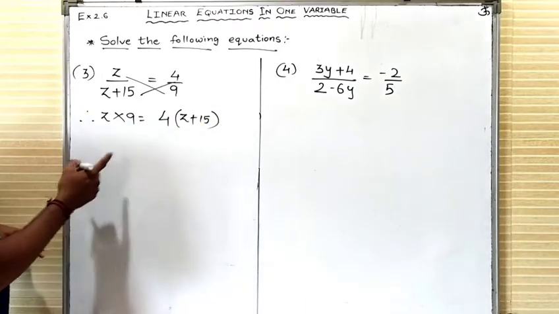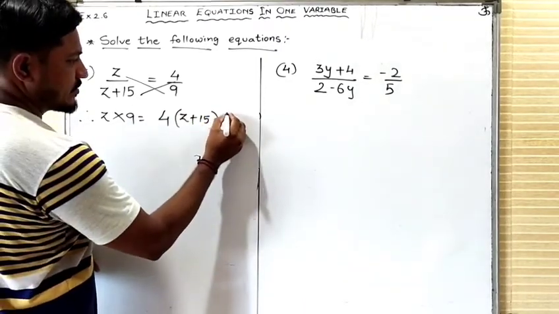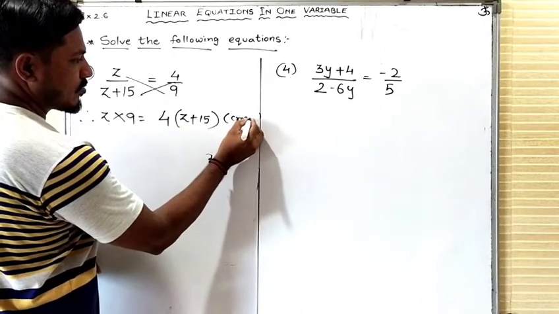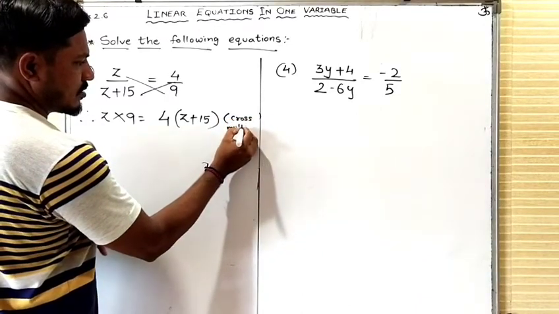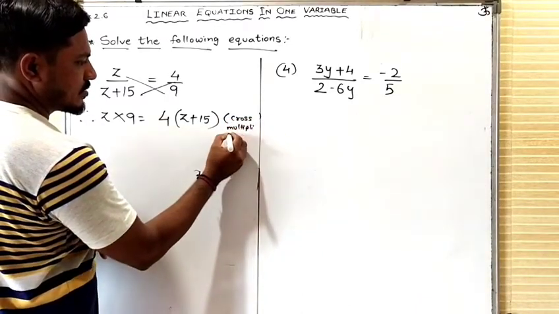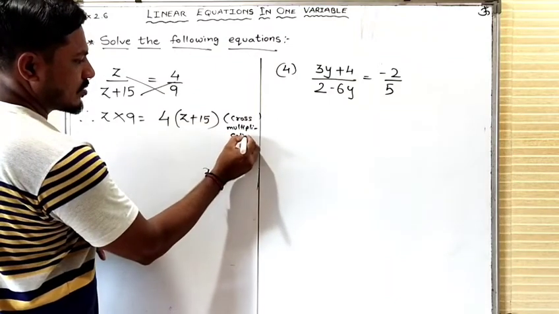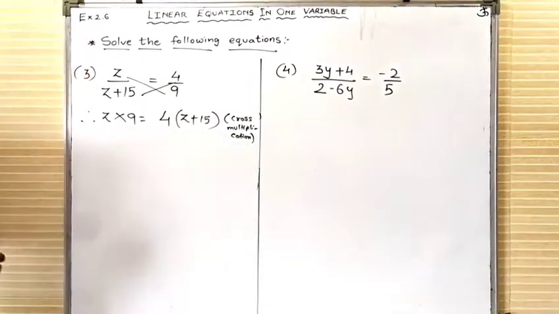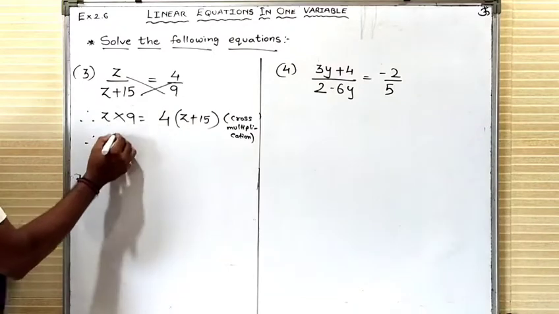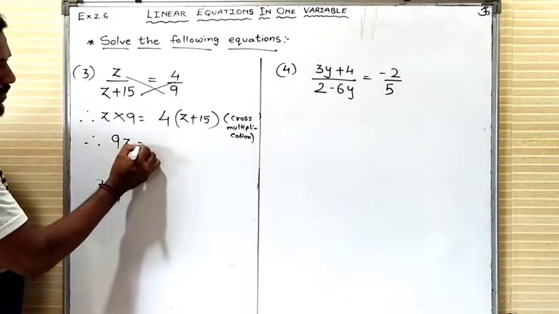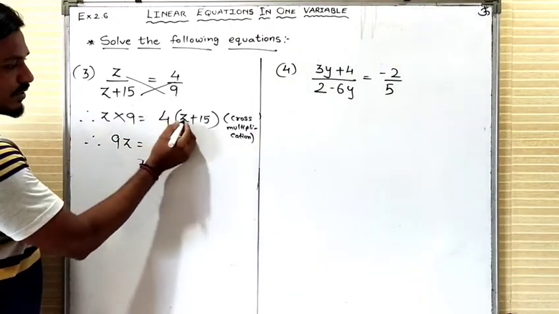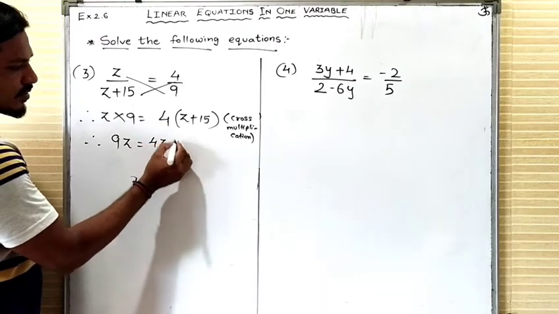Okay, then write down cross multiplication. Then multiply it. z into 9 gives 9z. Resolve the bracket. 4 into z, 4z.